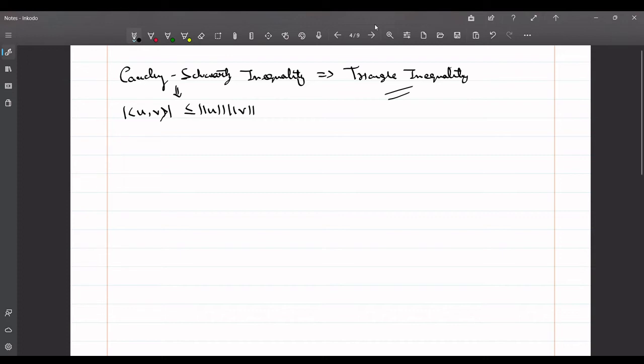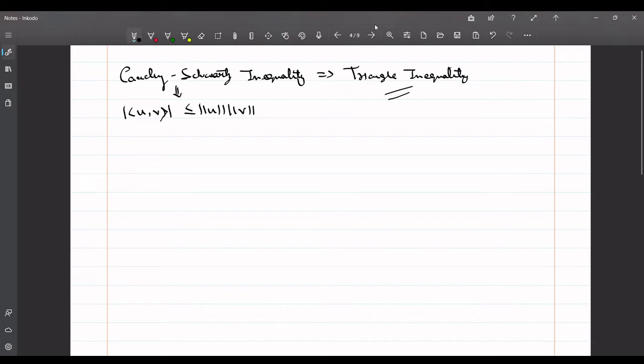We have taken two fixed examples, R and C, and now we are going to define what we call the p norm. Carefully see, this p norm example is quite important.